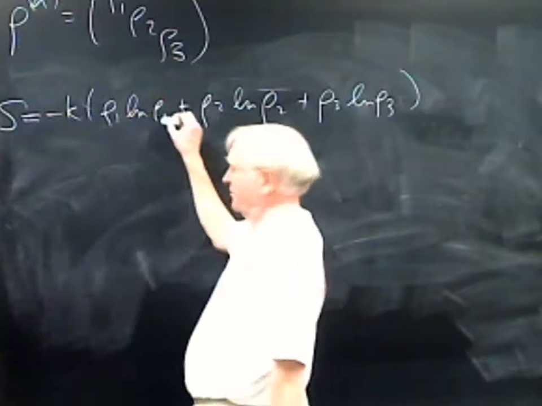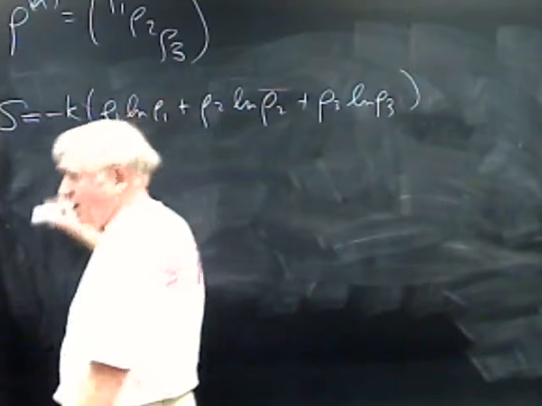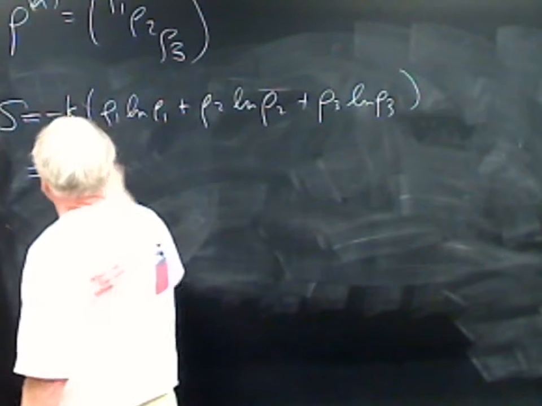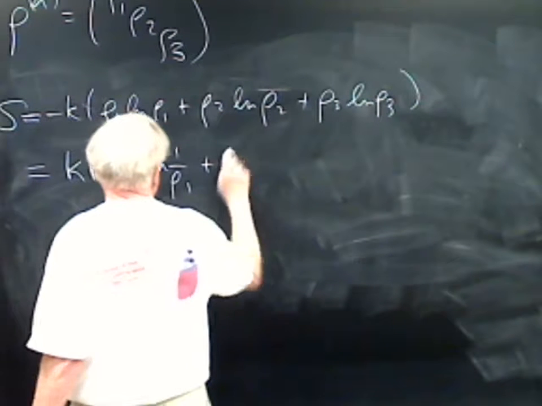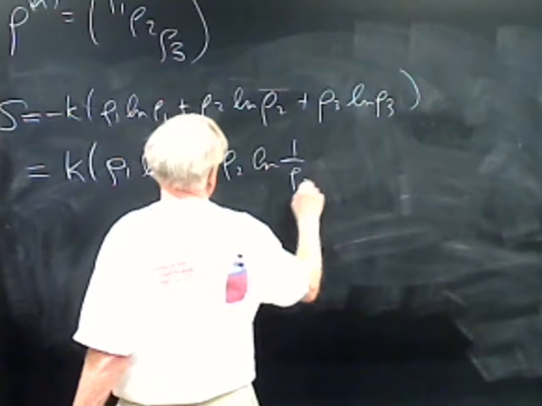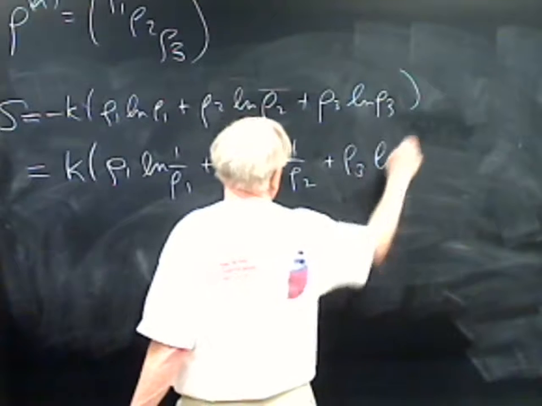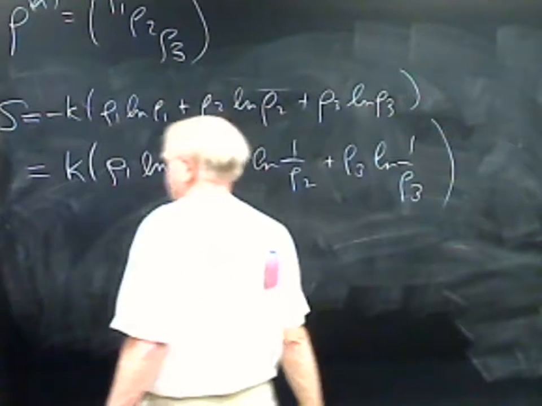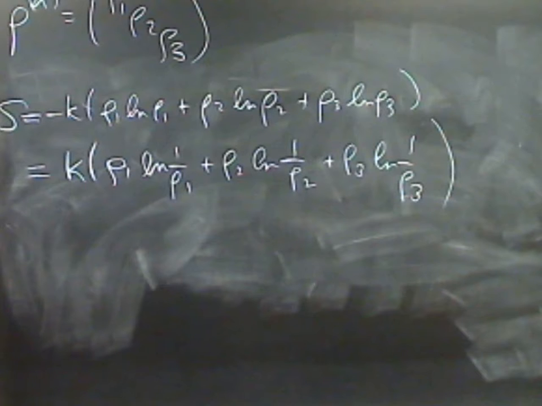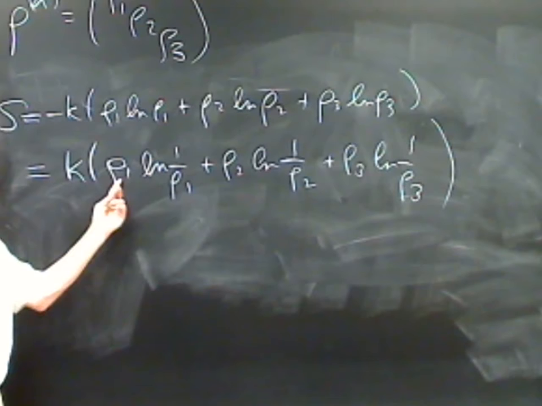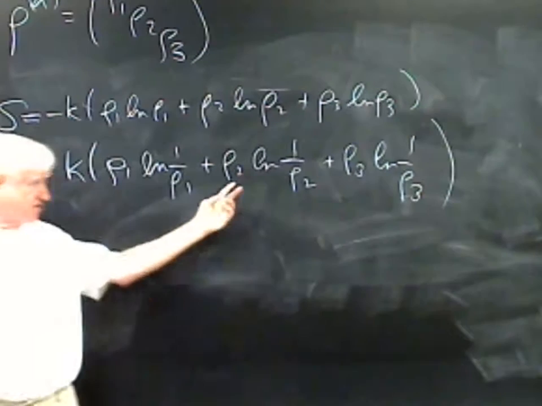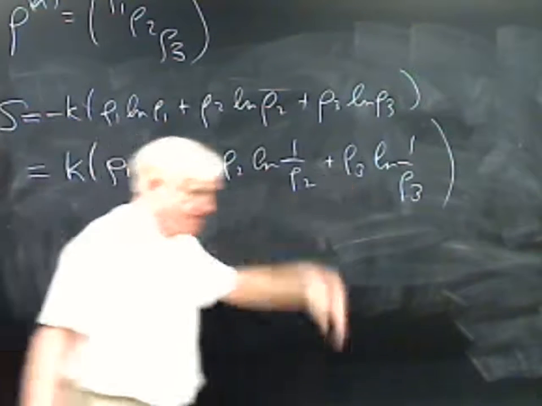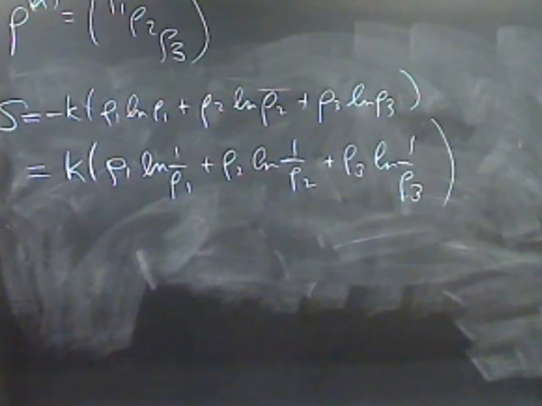On the other hand, all the rhos are less than 1, so the logs are negative, so you can rewrite that as k times rho 1 log 1 over rho 1 plus rho 2 log 1 over rho 2 plus rho 3 log 1 over rho 3. Rho 1 is the probability that the system is in state 1, rho 2 is the probability the system is in state 2, rho 3 the probability the system is in state 3.